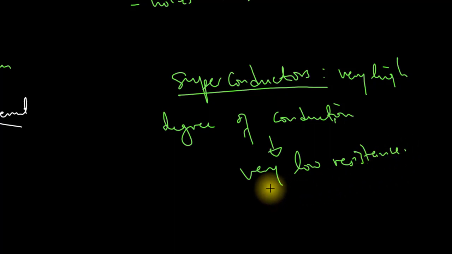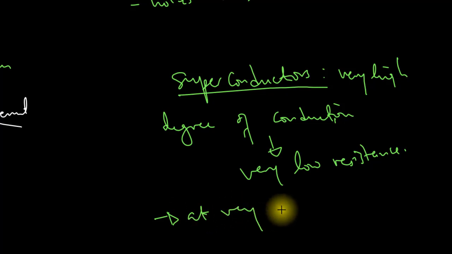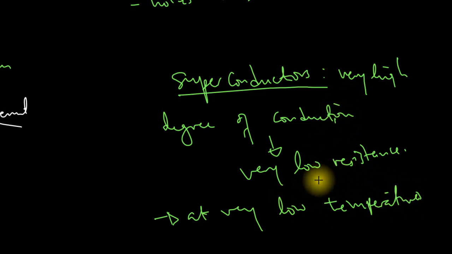Now, at least as of this recording, we do not have naturally occurring superconductors, but some special materials at very low temperatures can have very low resistance, and so we can consider them to be superconductors.